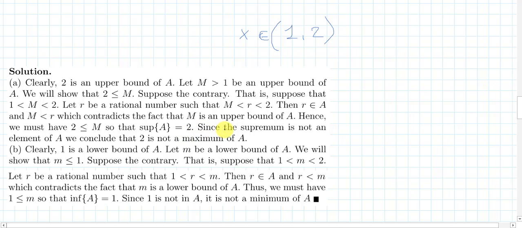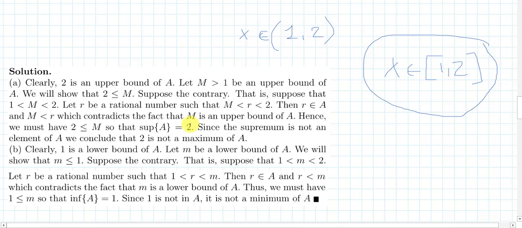But in this case, this is not a maximum because 2 does not belong to our set, because here we have an open interval. If it were a closed interval, for example x from 1 to 2, then we can say 2 is also an element of the set, and this is the maximum.